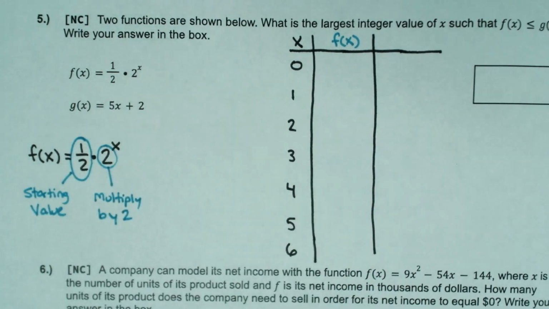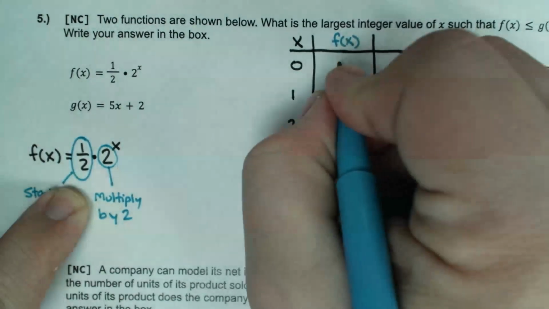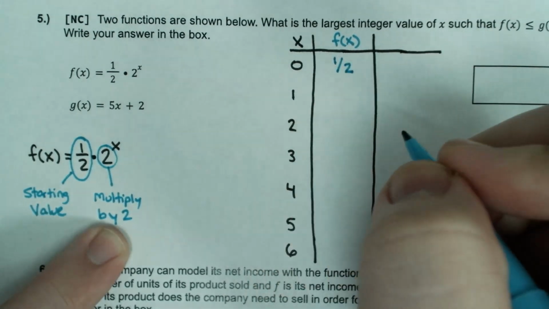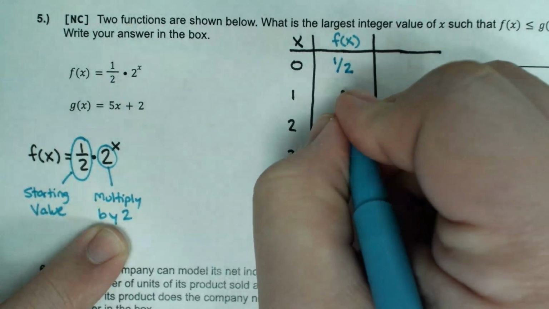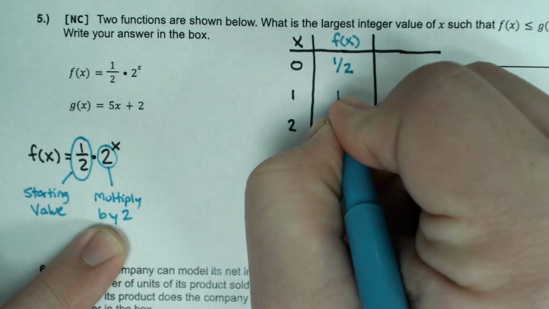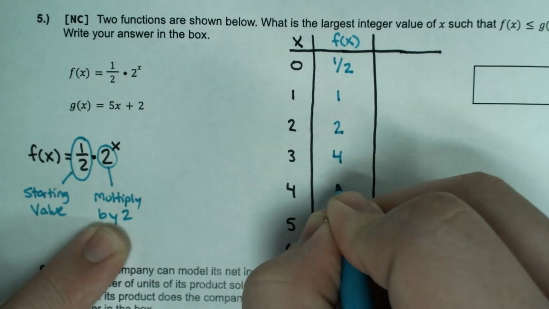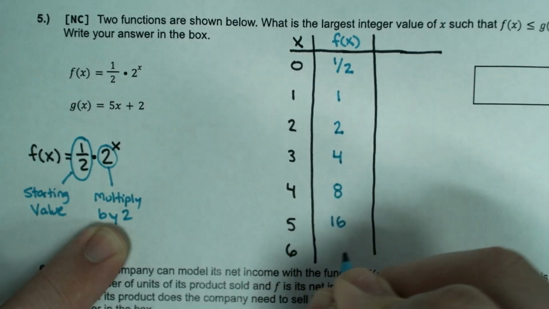So I really don't even need to worry about saying what's f of 0, f of 1, f of 2, f of 3. I'm going to write down 1/2 and then multiply it by 2 over and over and over again. 1/2 times 2 is 1, times 2 is 2, times 2 is 4, times 2 is 8, times 2 is 16, times 2 is 32.